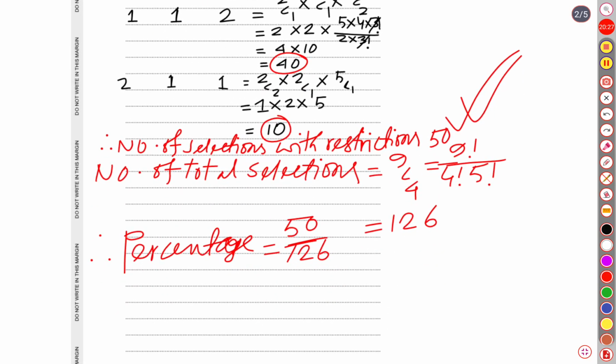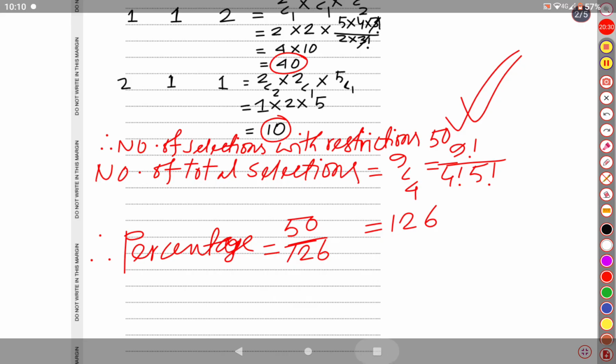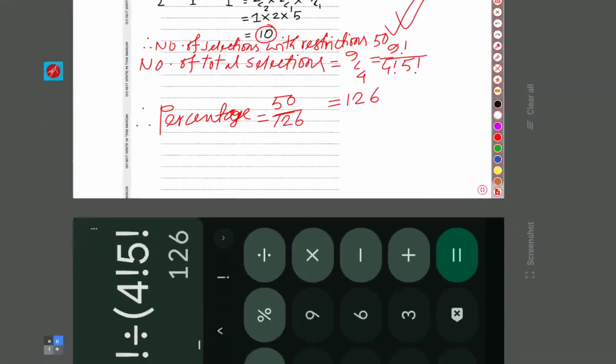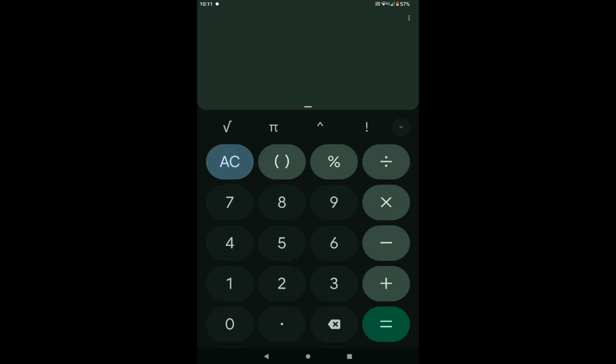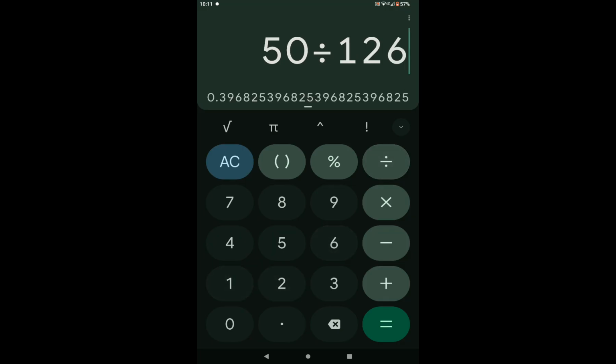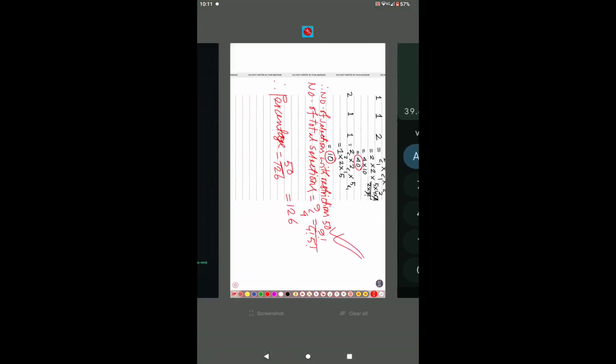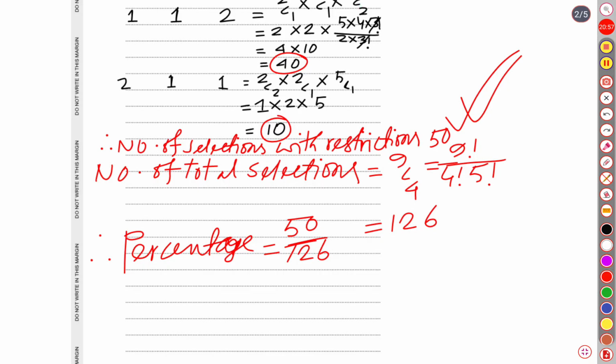So let us divide 50 by 126, then multiply by 100. The answer is 39.7%.